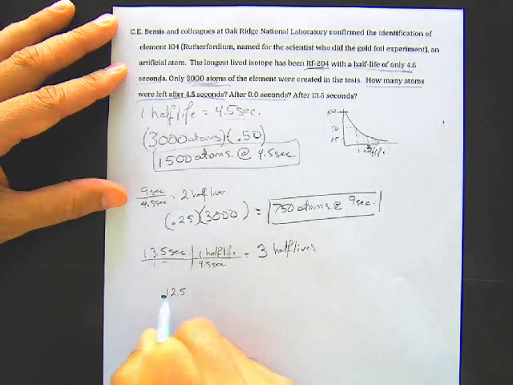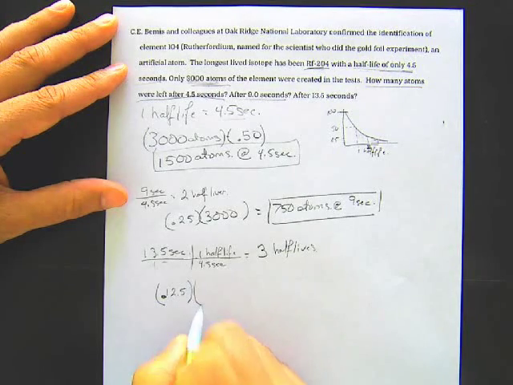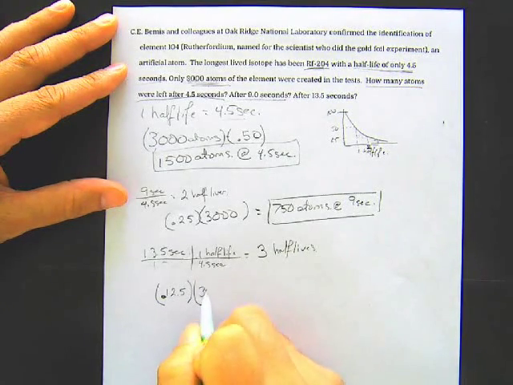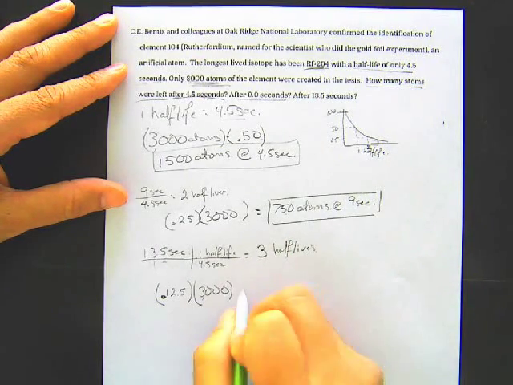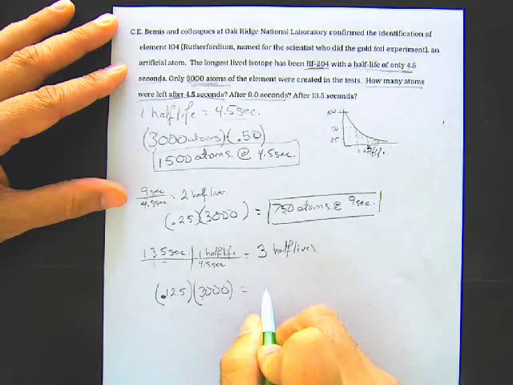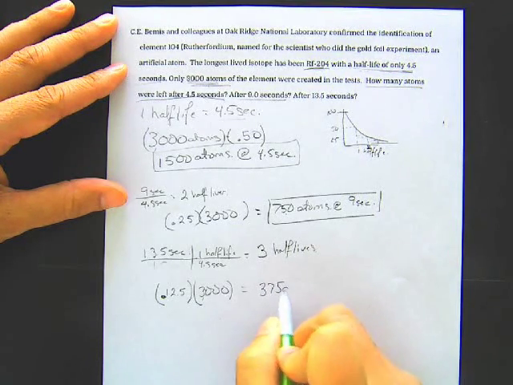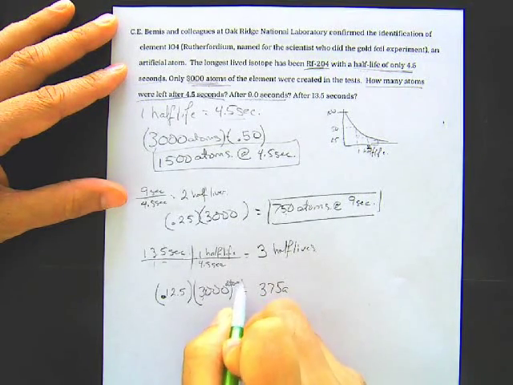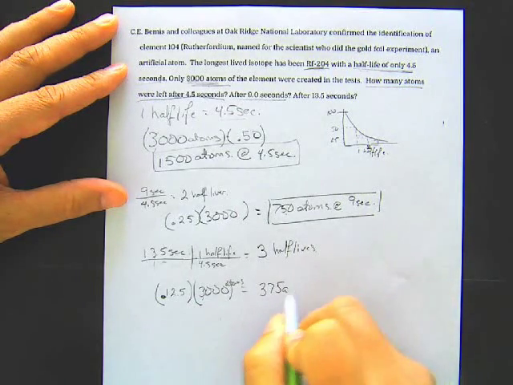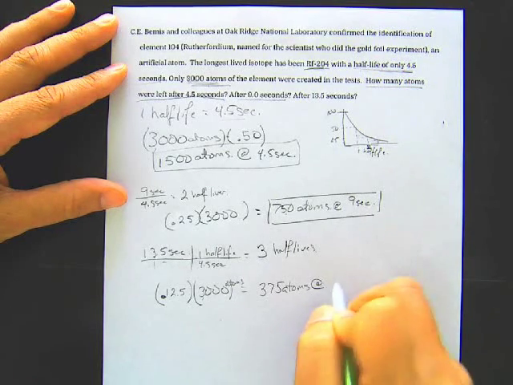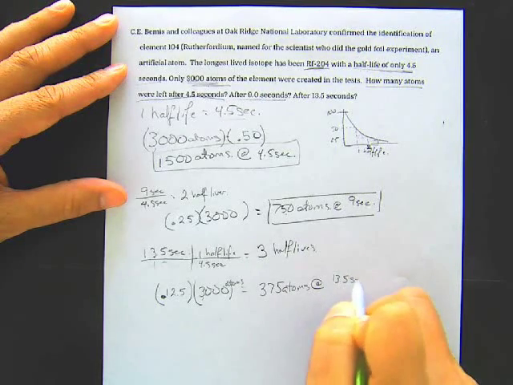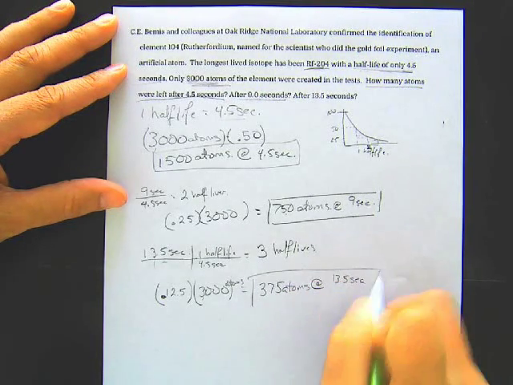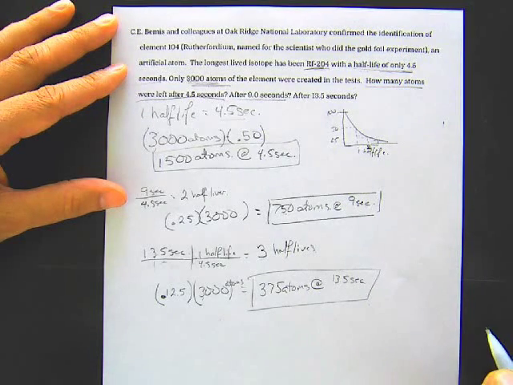Change that to a decimal. 0.125 times the original 3,000 atoms, or you could divide this one in half, is going to be equal to 375 atoms. 375 atoms. And that's going to be at 13.5 seconds. That's it. Not so hard.